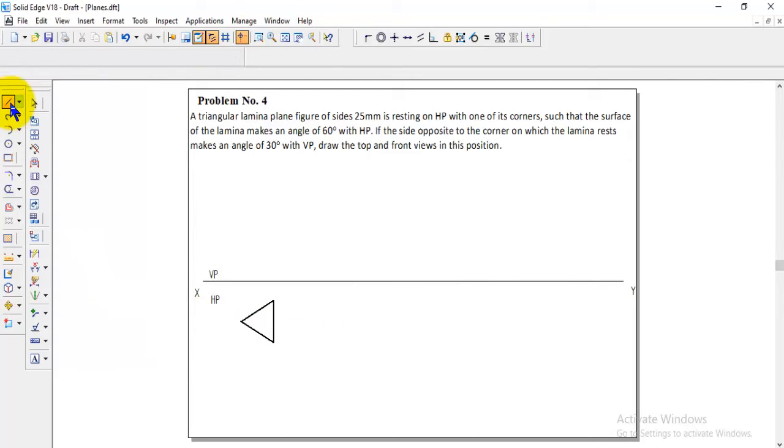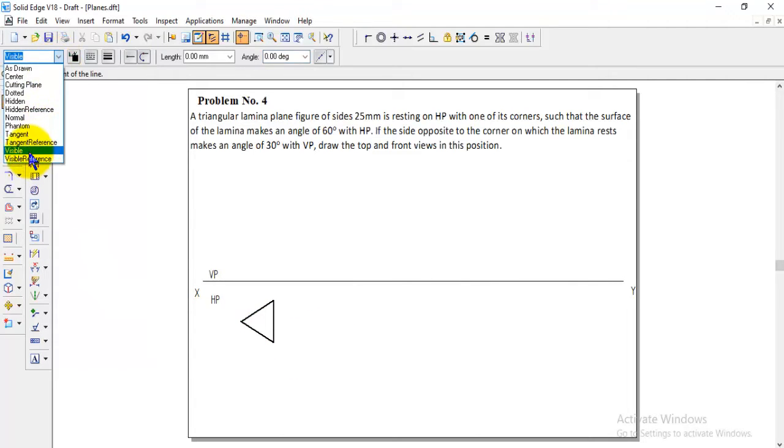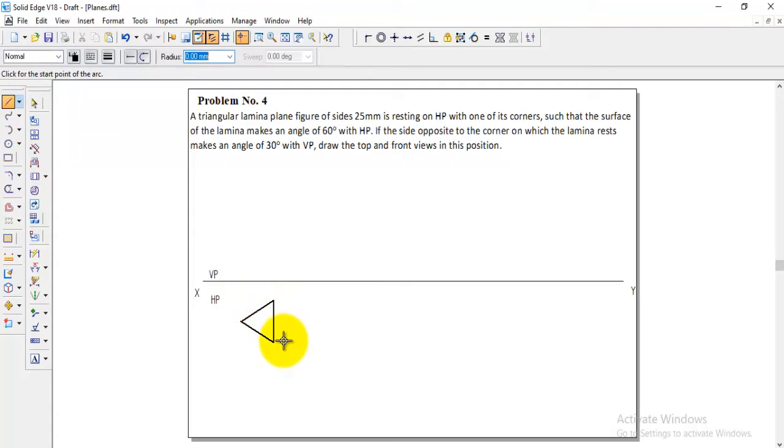After that go to Line, Normal Line. Before getting the front view we can give the namings. This point is A, this point is B, and this one is C. Then Line, Normal Line: from A drop to the XY line, and from C, B and C is one point, we can drop to here, and between these two is the front view, so we need to make it a visible line.